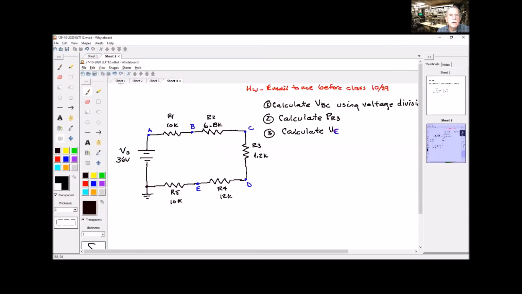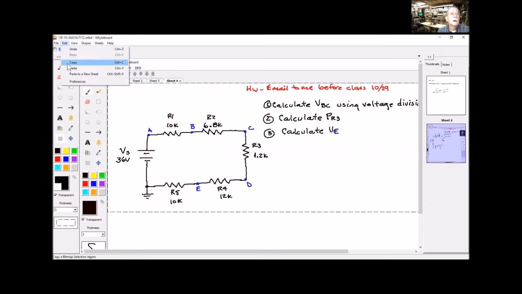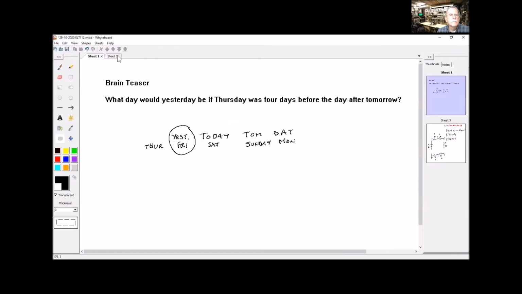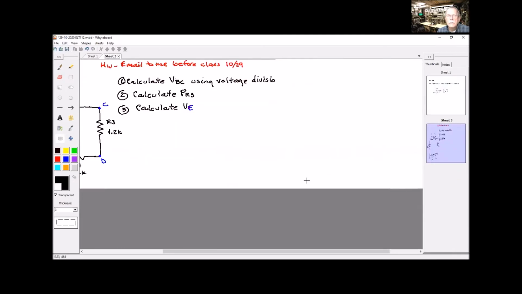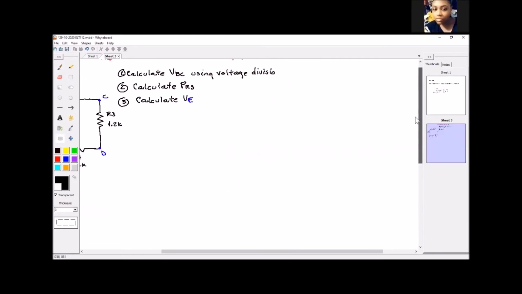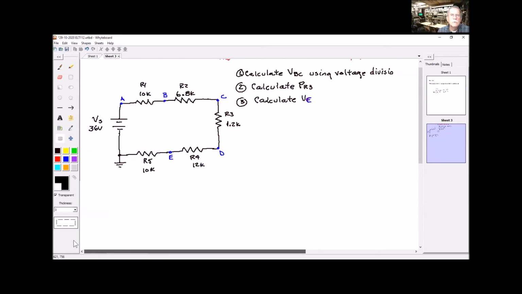And let's get rid of a lot of the junk. Okay, so we were asked to, let's just go through this one quickly.